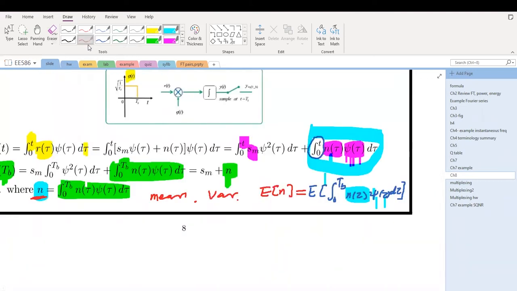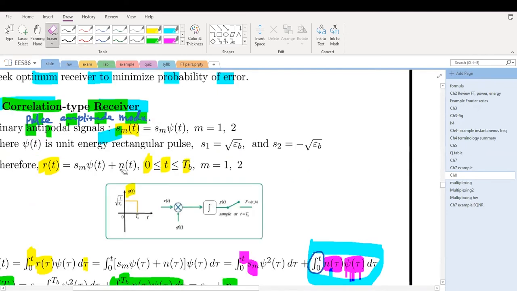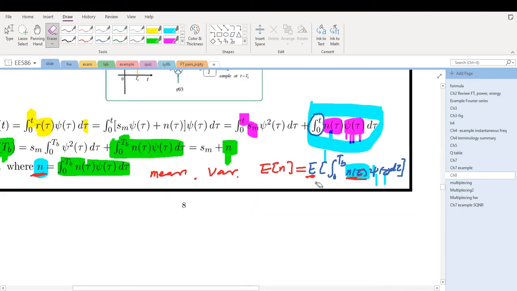So therefore, this expectation is with respect to n(tau). But n(t) is a random process with zero mean. That's the model for our white Gaussian noise. It has zero mean. Then this expectation equals 0 as well, because the mean of n(tau) equals 0.